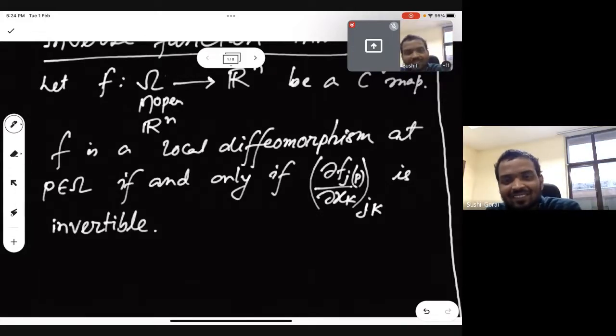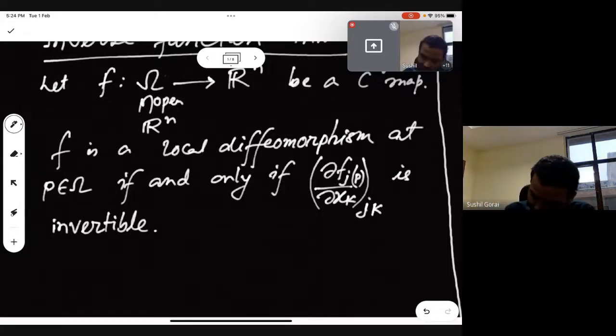Make sense? Makes sense. So what do you mean by local diffeomorphism?